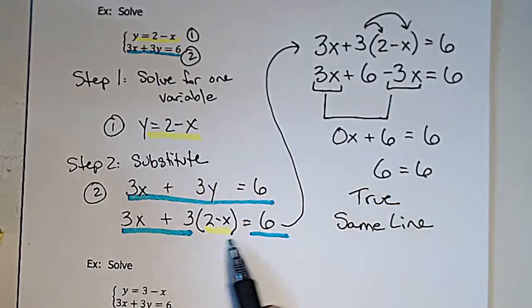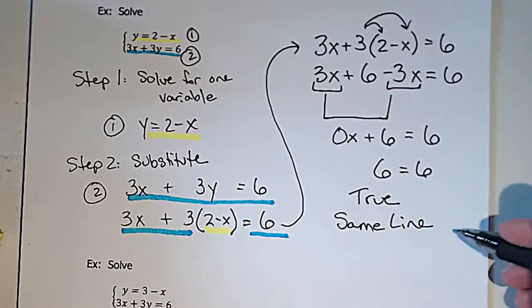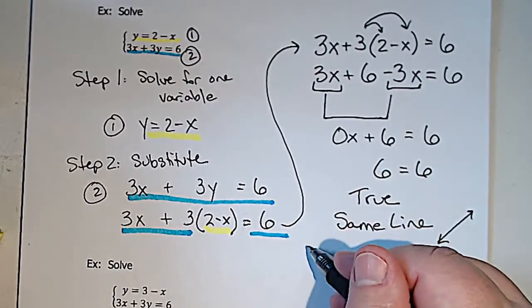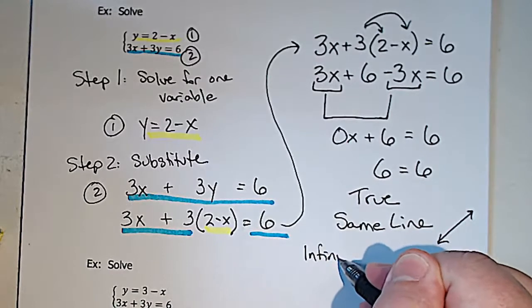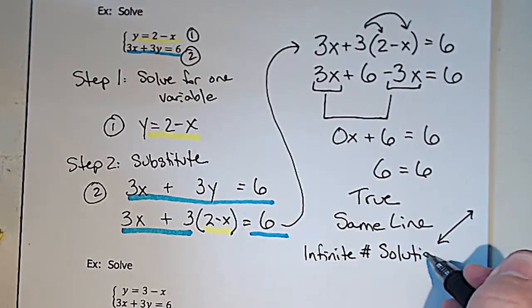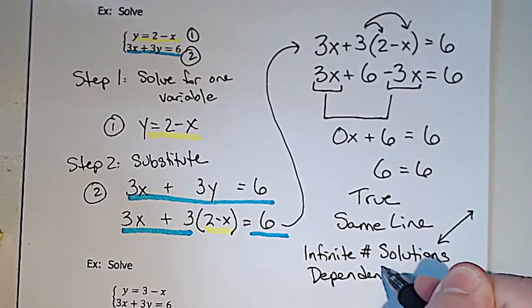So if when you're solving this you get a true statement, that means they are the same line. So we only have one line in the picture. They're the same line. So how many solutions are there? There are an infinite number of solutions. And the system is called a dependent system.